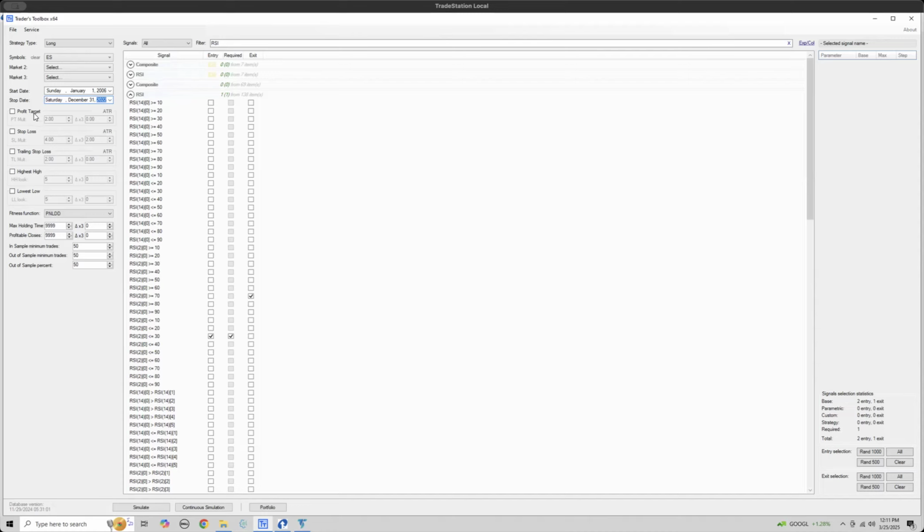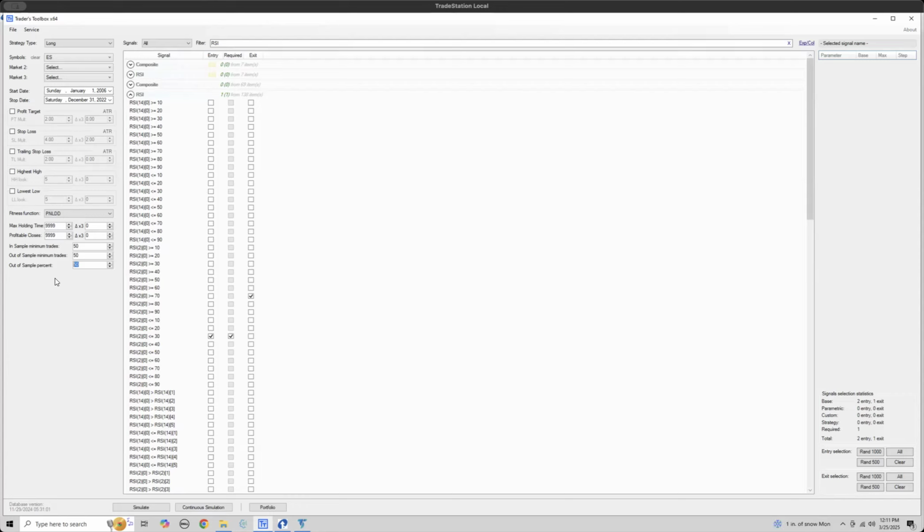All right, we don't have any stop losses, profit targets, or anything. The next thing I want to highlight here off to the left-hand side is we're going to be using 50% of that historical data for in sample and out of sample. So when you're using Build Alpha, it's going to have an in sample period and an out of sample period as well.